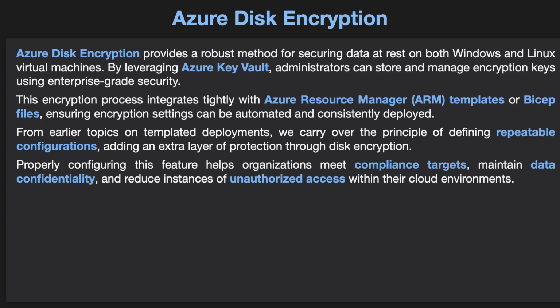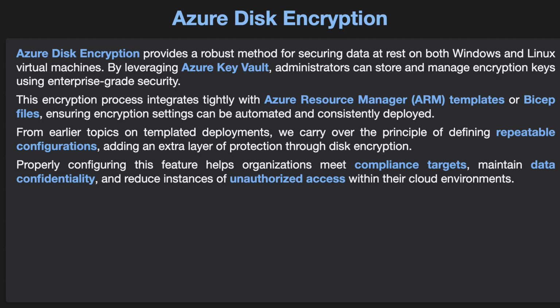From earlier topics on templated deployments, we carry over the principle of defining repeatable configurations, adding an extra layer of protection through disk encryption. Properly configuring this feature helps organizations meet compliance targets, maintain data confidentiality, and reduce instances of unauthorized access within their cloud environments.